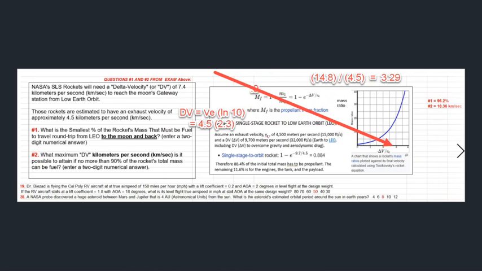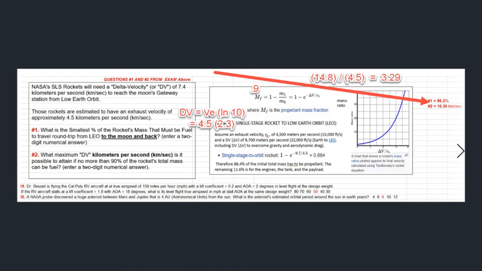Here's 3, there's 3.5, so 3.29 is about there. I'll come up and over and look right at 25. My mass ratio is 25. So 1 minus 1/25 is 1 minus 0.04, or 96%, 0.96. So the answer to number 1 is 96% or 0.96.